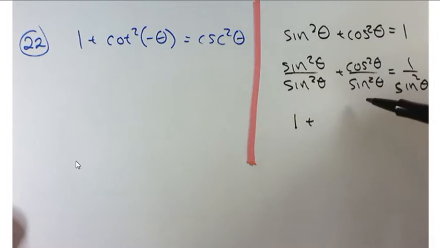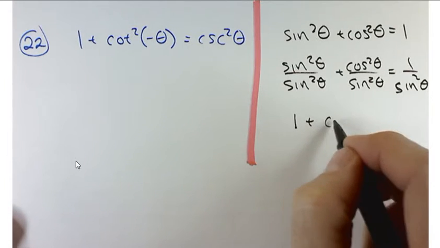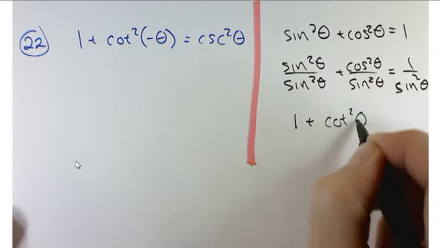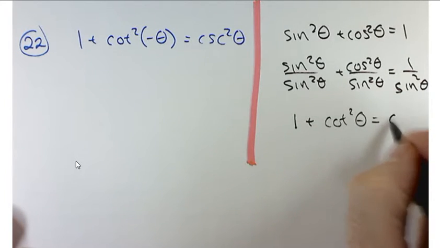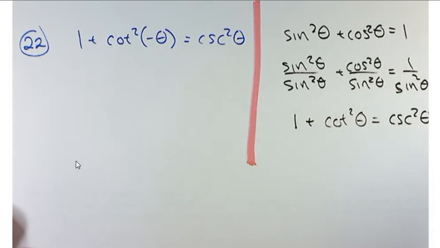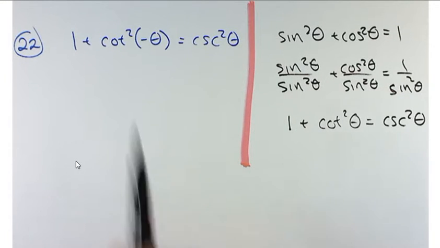Cosine squared over sine squared can be written as what? Cotangent squared, good, equals cosecant squared, right? So this doesn't look too far away from this, but I still have to prove that that's true.